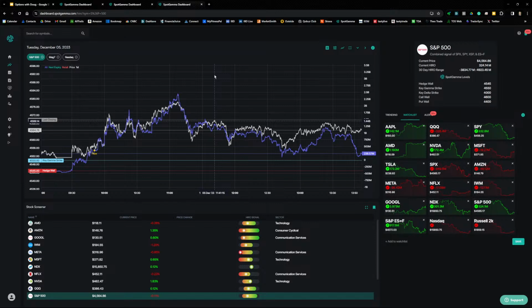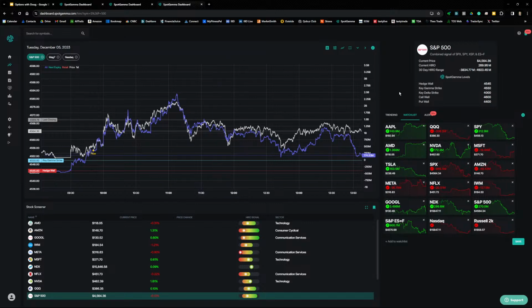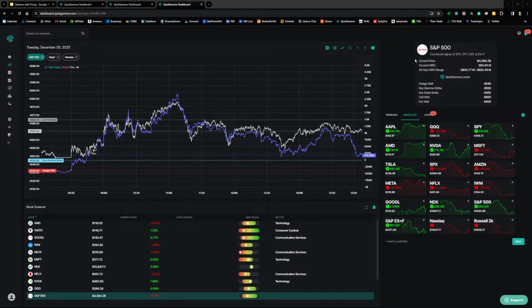Spotgamma takes open interest data from the OCC, applies their own algorithms to come up with the levels on the Vanna model, everything that I use in my planning process. This is real-time data. This is showing options trades and market maker hedging activity in real time. In this case of this chart, for a combined signal of SPX, SPY, XSP, and ES futures.